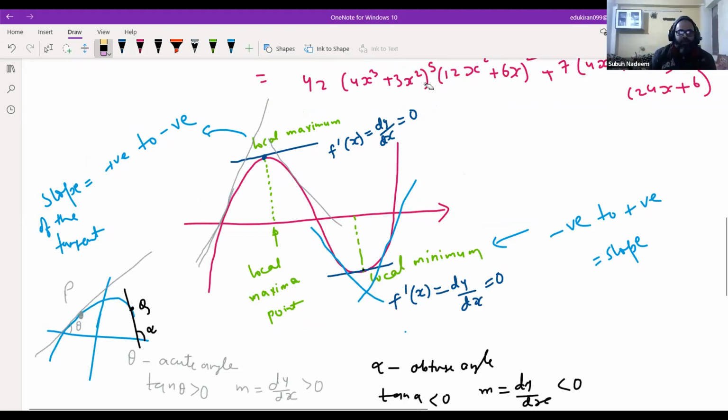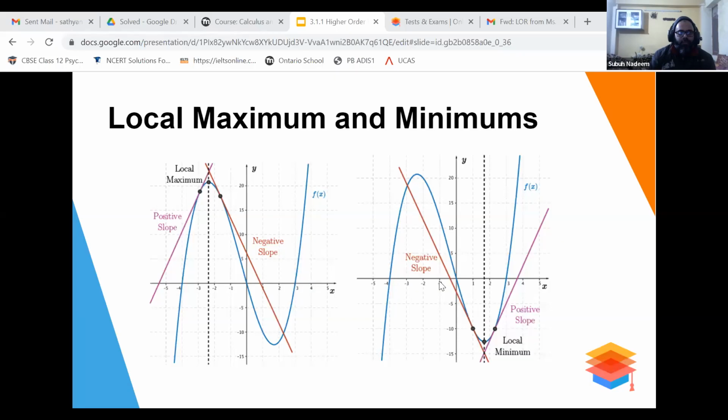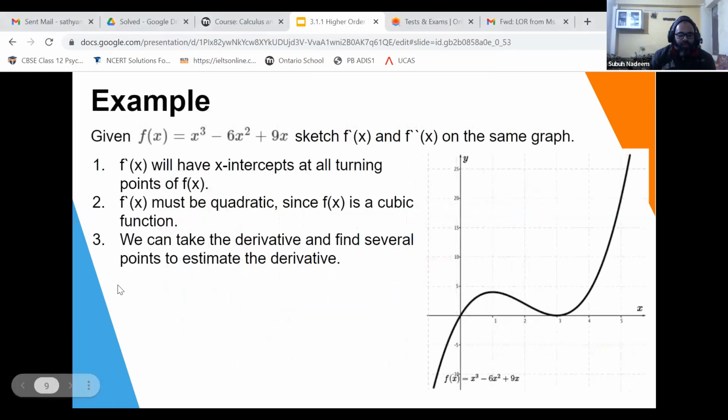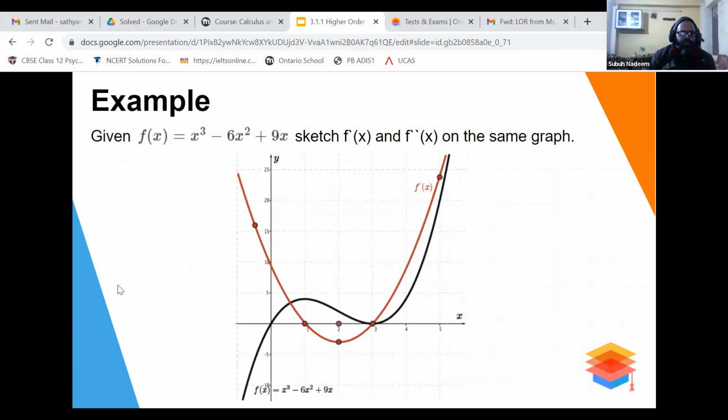Okay. Yes. Next page. Next page. Okay. Next page.